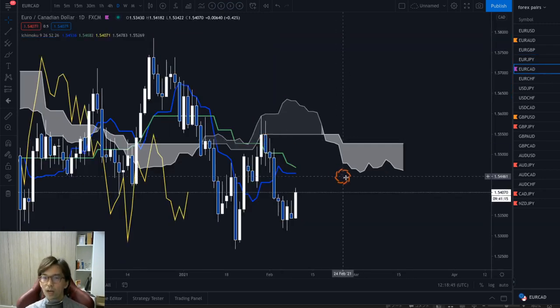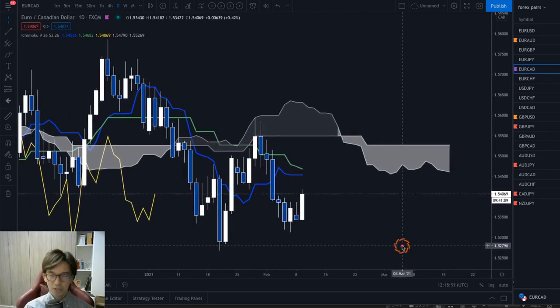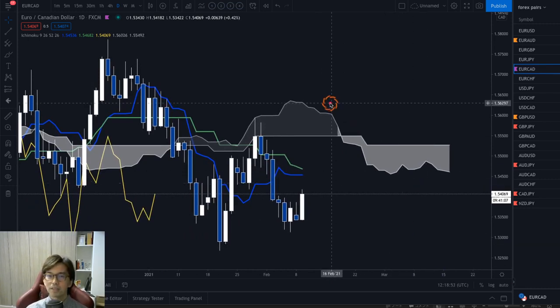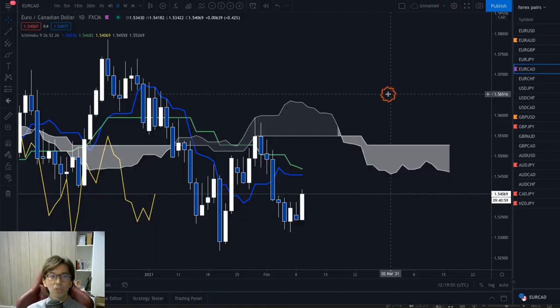And yeah, this one also, Euro CAD. So Euro CAD, this is to me also a range market because I think this is pretty much the same as the example on this AUD USD. But yeah, the Euro CAD daily chart shows that this is flat because we see Senkou span B flat, and Senkou span A is pointing downwards technically.